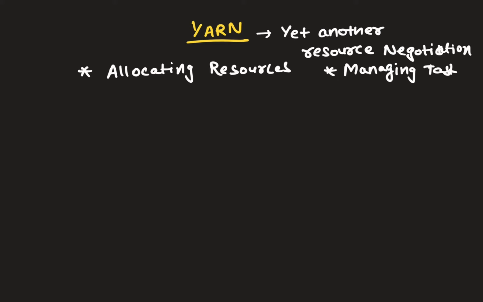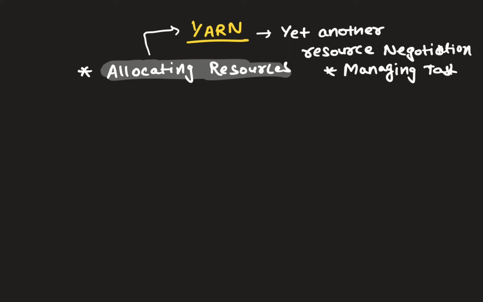Now in the Yarn concept, this job of allocating the resources has been moved out from the job tracker, and has been made part of Yarn. So Yarn is now responsible for allocating and managing all the resources within your application or within your jobs.